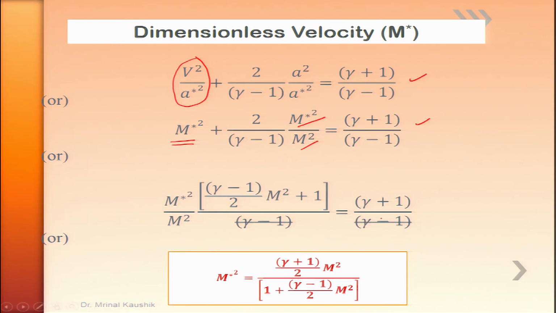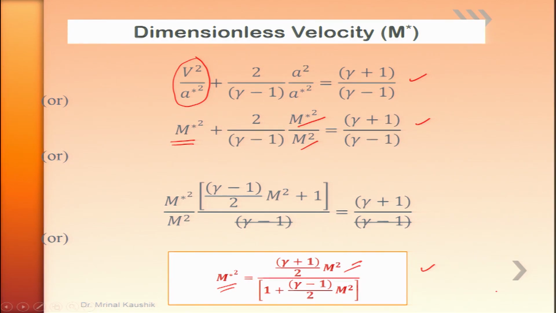Striking out gamma minus 1 on both sides, we are left with M star square equal to gamma plus 1 by 2 M square upon 1 plus gamma minus 1 by 2 M square. Now, let us investigate the relationship we obtained for M star as a function of M.